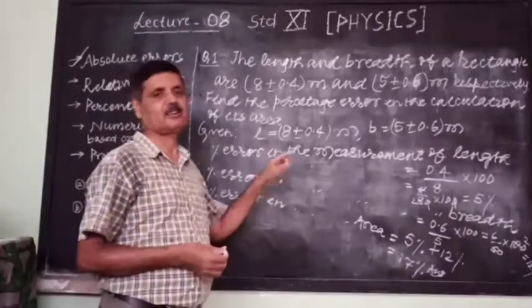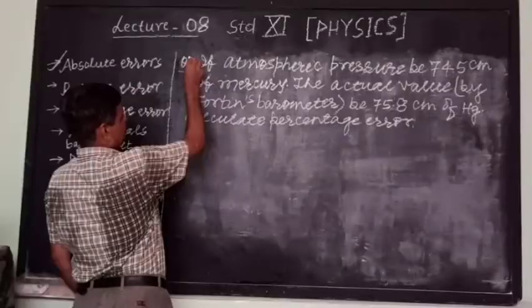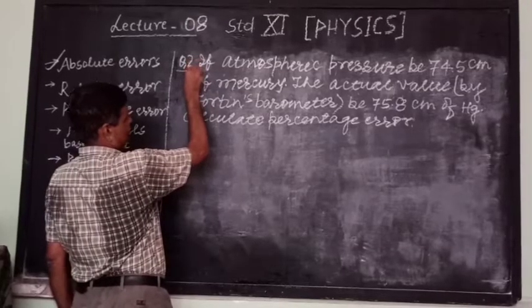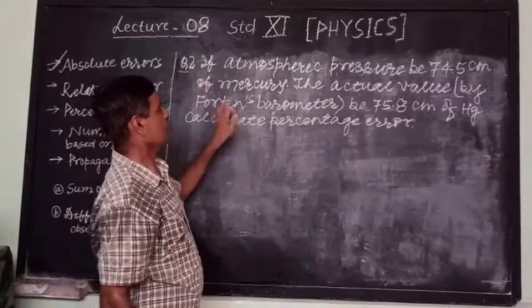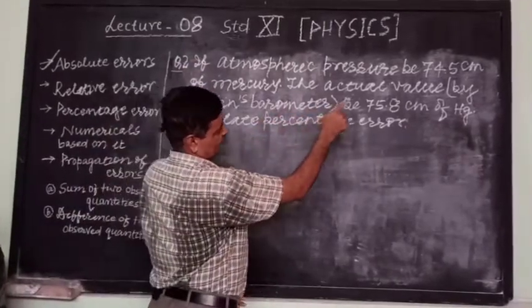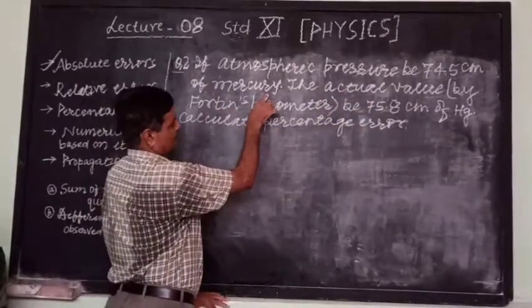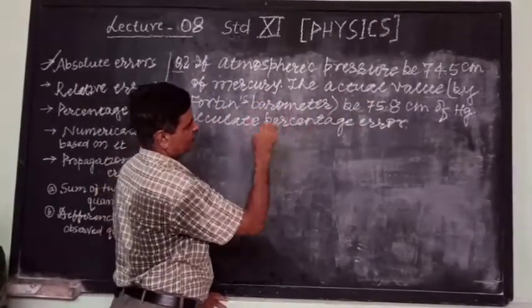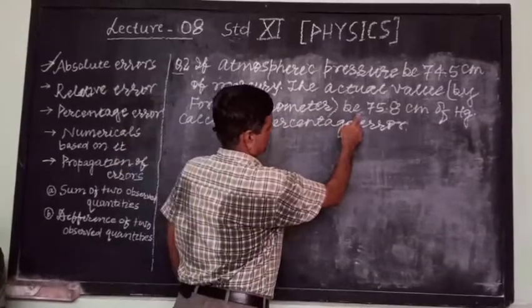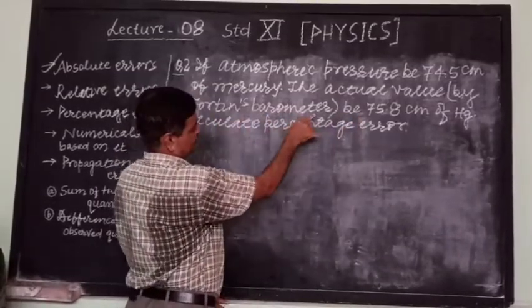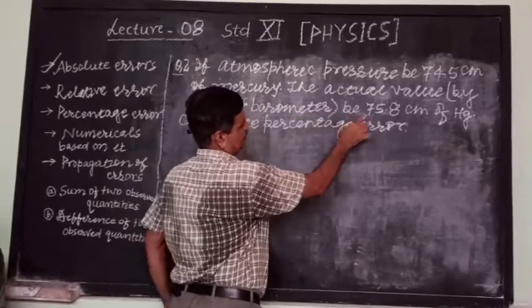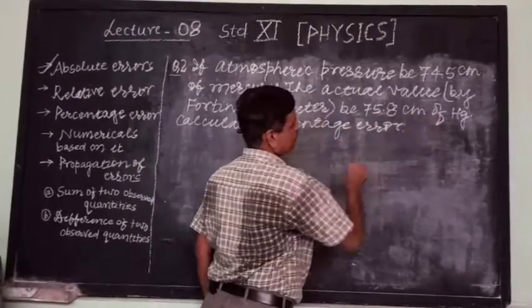Now another example. Next, question number 2. The atmospheric pressure is 74.5 cm of mercury. The actual value that is given by the barometer is 75.8 cm of mercury.